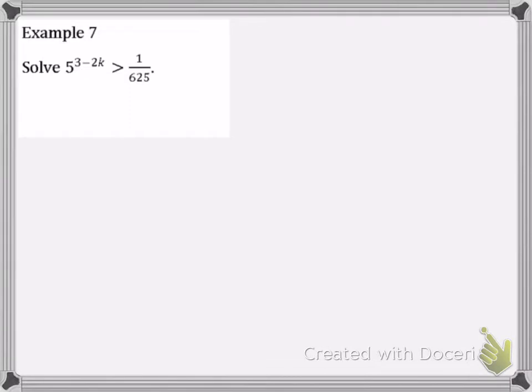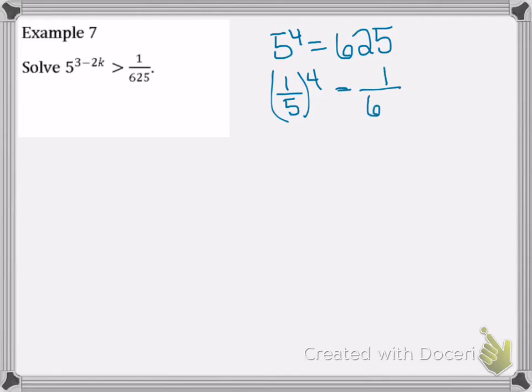Here's our final example. This example is very similar to example 6. Hopefully we remember that 5 to the fourth is 625. So what that means is 1 over 5 to the fourth is 1 over 625.